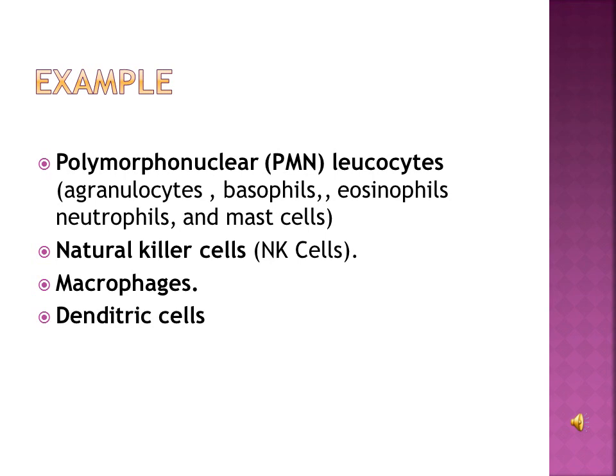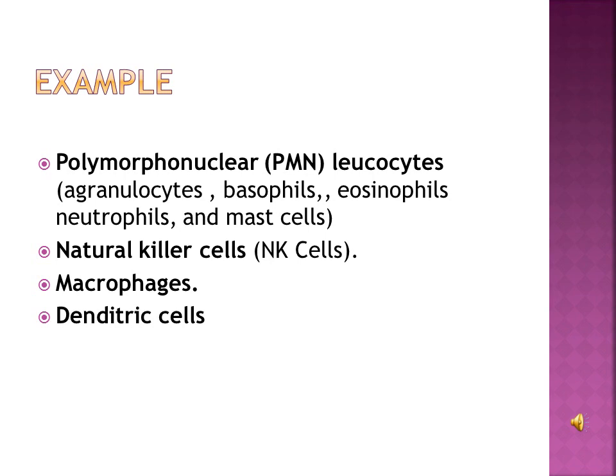First of all, polymorphonuclear leukocytes, or in abbreviation, PMN leukocytes. They are quite efficient in carrying out phagocytosis. Under this PMN group, there are different granulocytes: basophils, eosinophils, neutrophils, and mast cells.